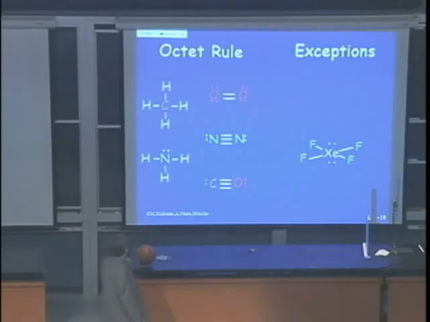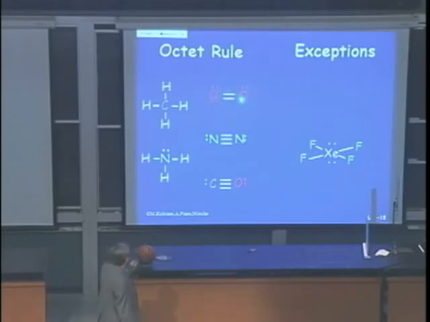Okay? Now, let's look at oxygen. And this is the nice thing. You can actually predict what type of bonds you have. So oxygen has how many valence electrons? 6. 2, 4, 6. So now I bond them.